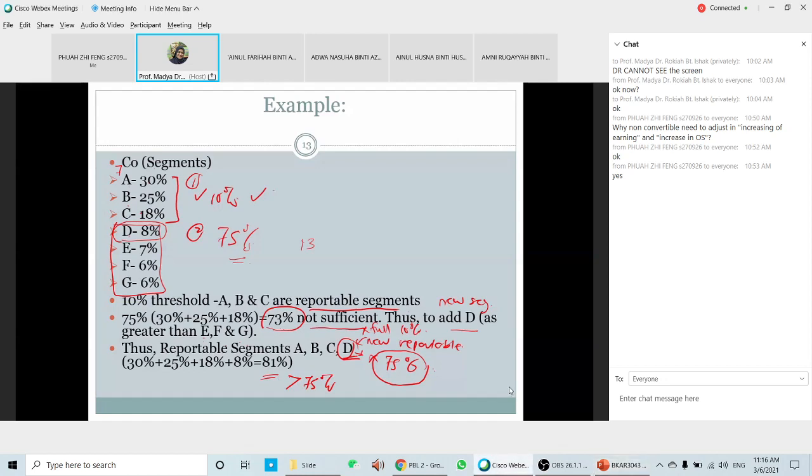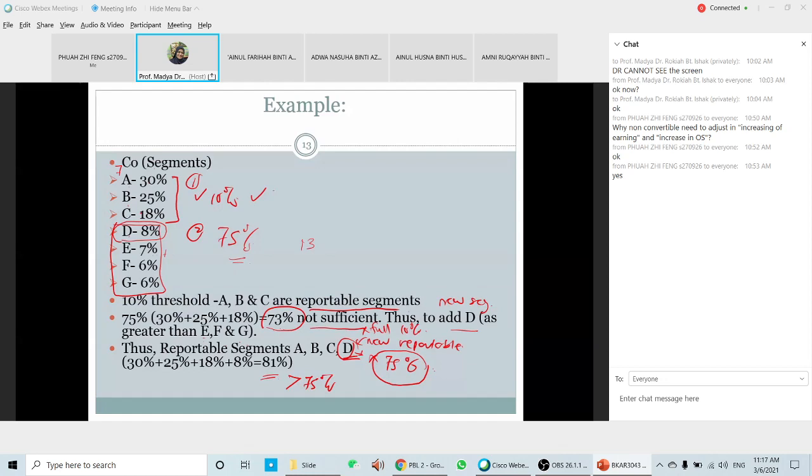But if the total revenue is less than 75%, you need to add a new segment to become a reportable segment, until the amount of the reportable segments is more than 75%. Let's say when you add D, the amount still does not reach 75%, then you need to add E after that, until you reach 75%. That is the example that you have here.